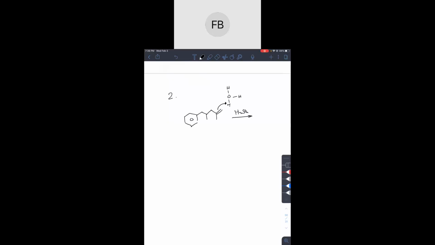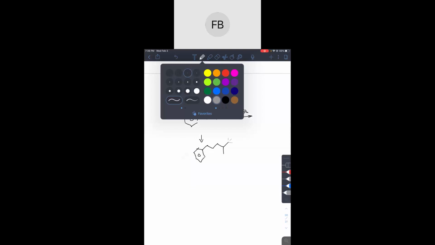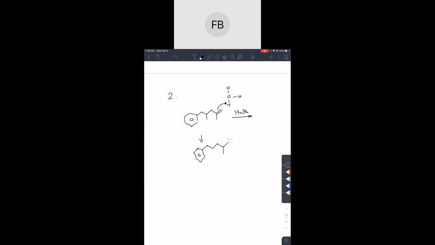Now that hydrogen is following Markovnikov. So what happens is that the hydrogen goes to the right side, which I will show with a little gray mark. So now we have 3 hydrogens there. And on the other hand, there's going to be a positive charge here.